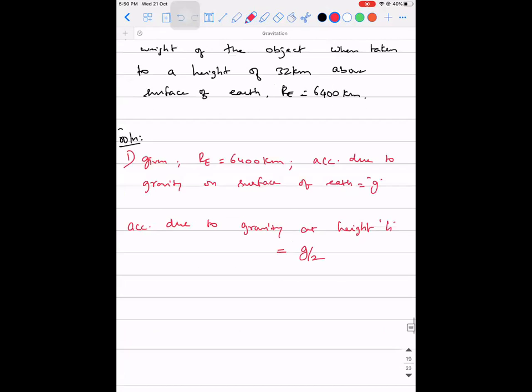So this is G dash. So acceleration due to gravity at some height H is G by 2. That height H is what we need to find. So I'm going to use the formula G dash is equal to GME divided by (RE plus H) the whole square.